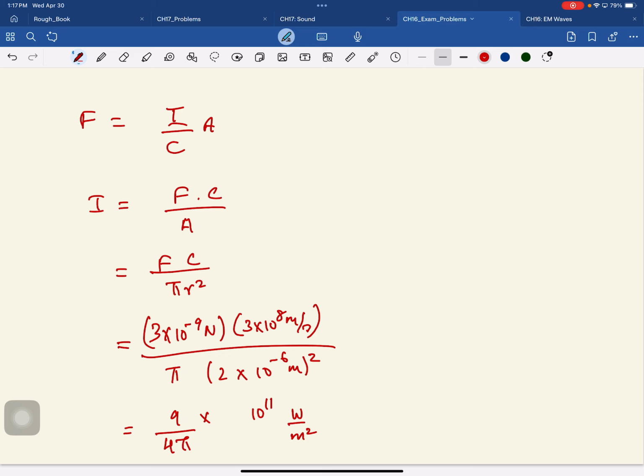Where did the 4 pi come from? Should it be 2 pi? Oh, because it's squared. Never mind, I see it. This is a pretty large intensity.